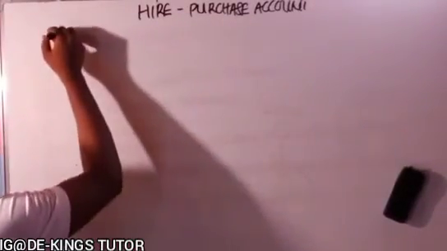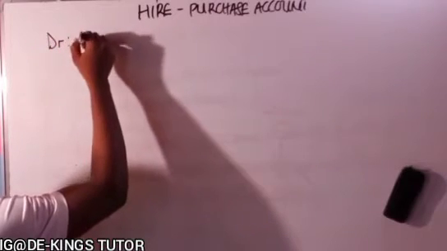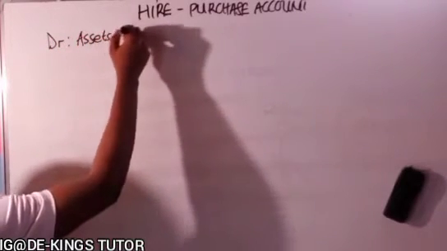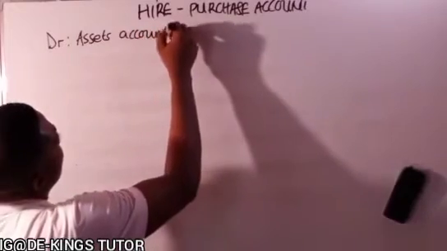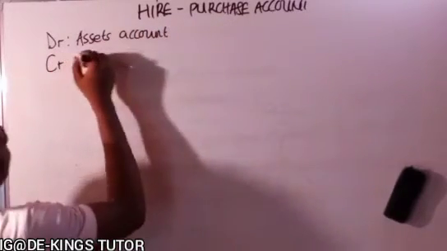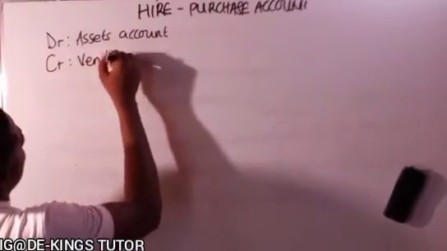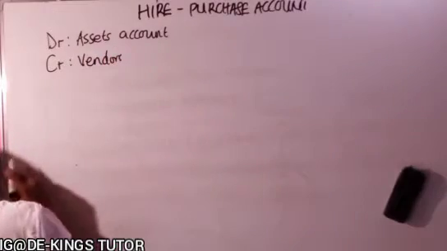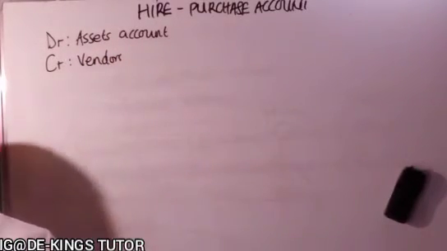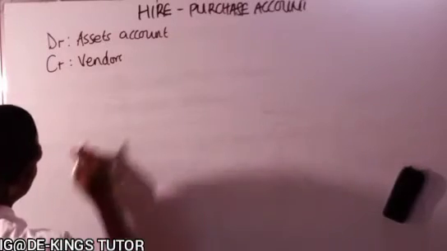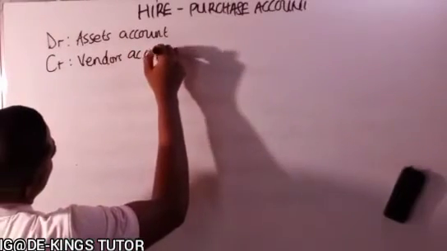We have to debit the asset account, and we have to credit the vendor's account. I'll call it the hire purchase vendor's account.